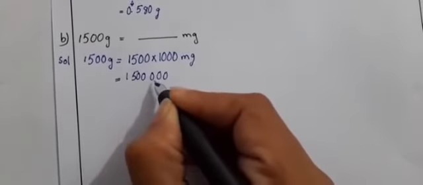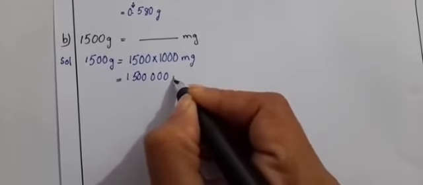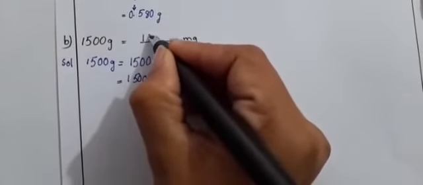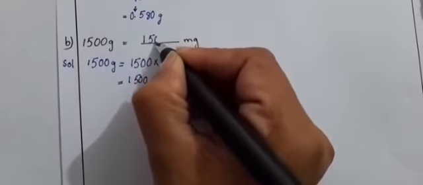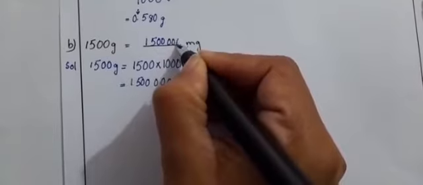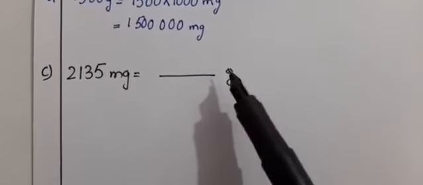In the international place value we have to skip space after 3 digits and it will be mg. So in the blank we will write 1,500,000 milligrams. Okay boys?